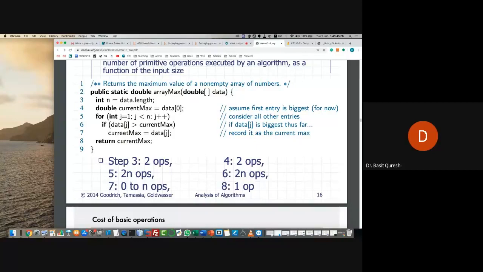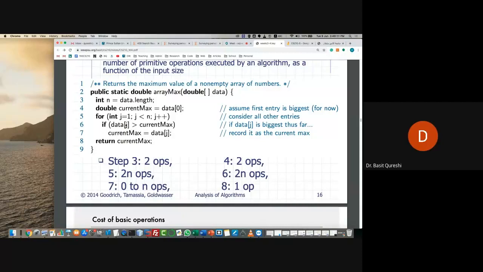Line number 7 is inside the for loop, and it's also inside the if condition. Let's see how many times we get over here. It depends on the if condition. If the if condition is true, we'll execute this line of code.